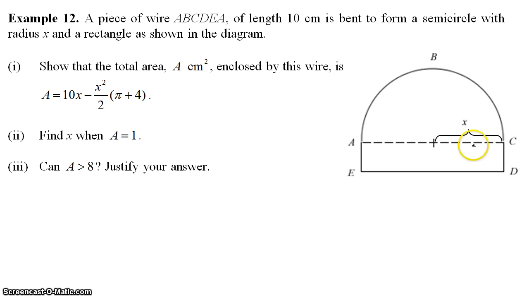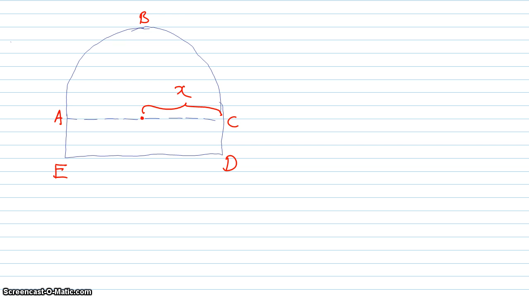So this looks a little bit intimidating at first for the first part. So let's just break it up into things that we can manage, right? We know that our area A is going to equal the area of the semicircle plus the area of the rectangle, right?